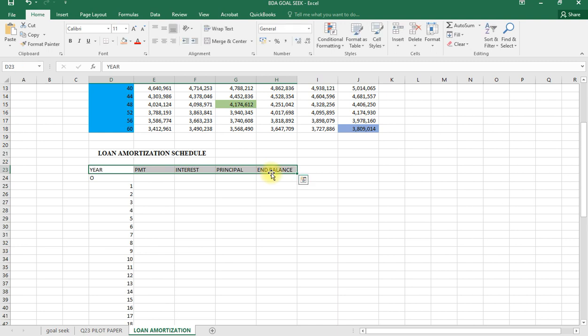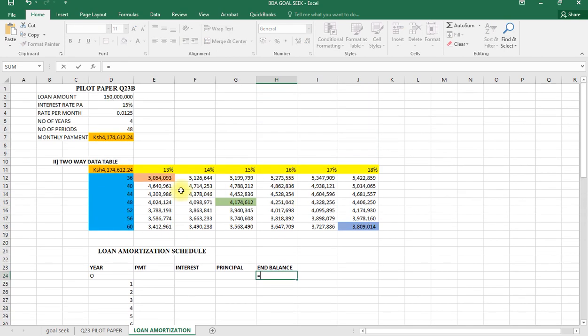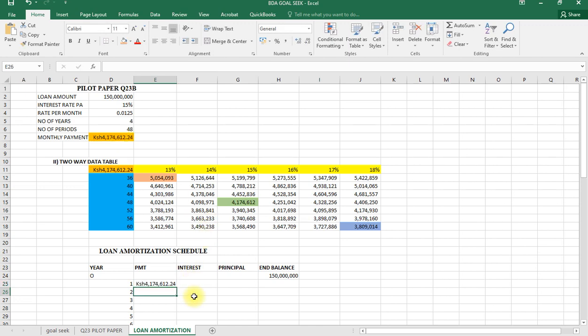So I'll bold this, Control B to make them bold, and we know our starting balance is 150,000, and we know our payment, so we are paying 47 on a monthly basis.